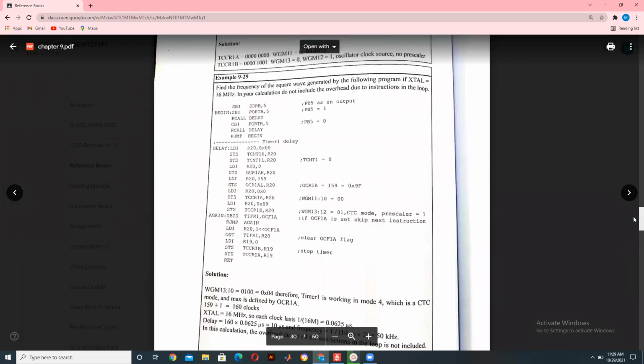Then we have to find the frequency of the square wave generated in the following program.